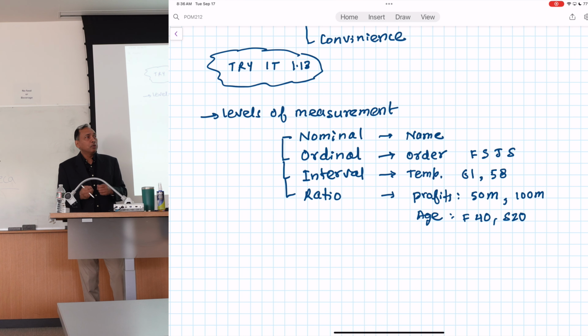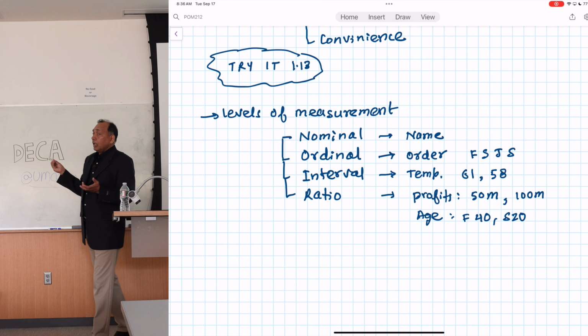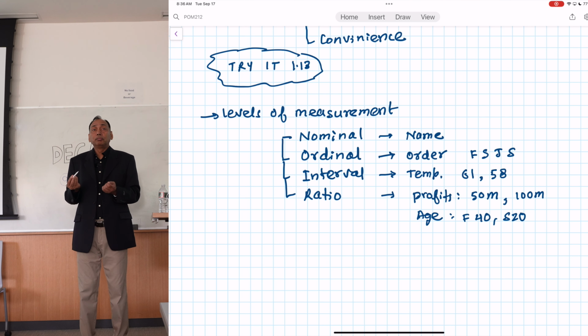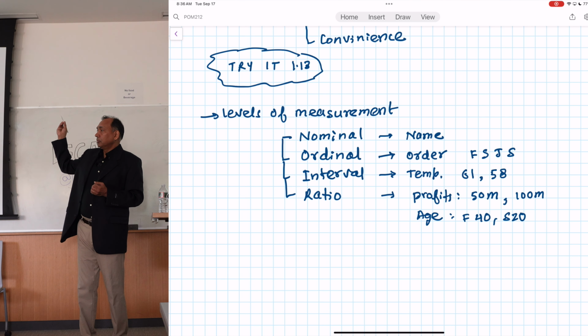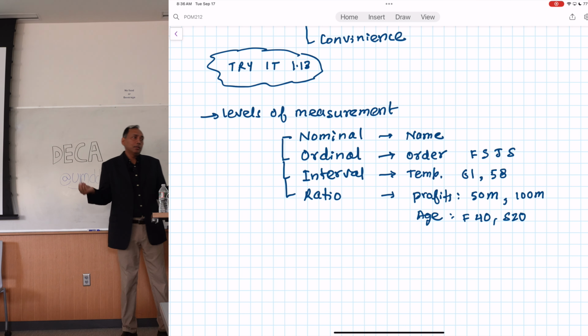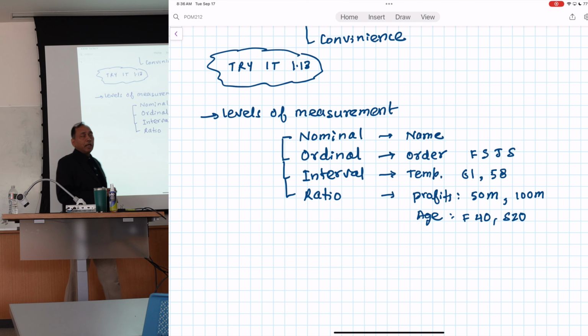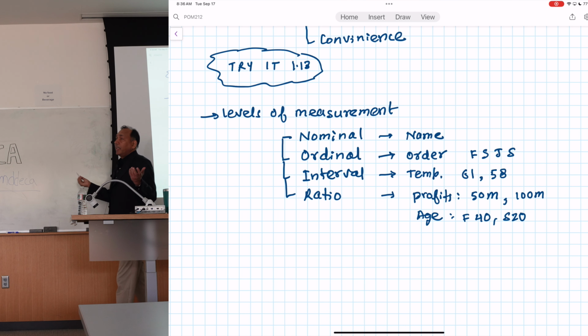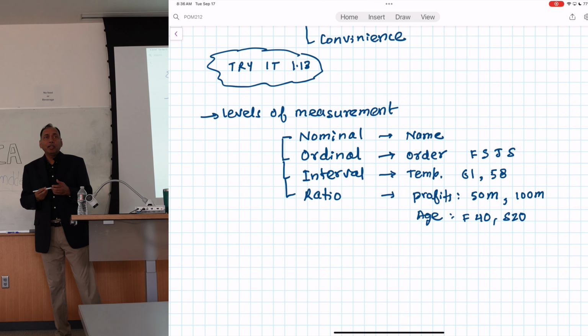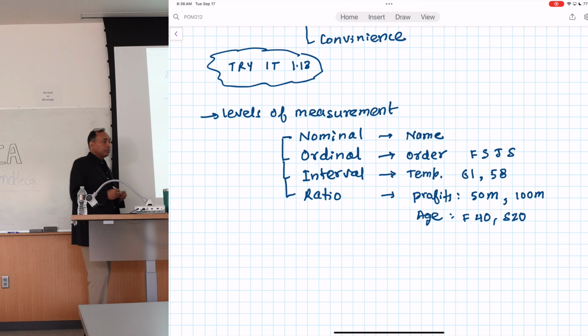You'll be able to tell a good story with smaller data sets. So ratio data, I would say, is more useful compared to others. But in some situations, you have no option, like name, for example. That will remain nominal data, whatever you do.